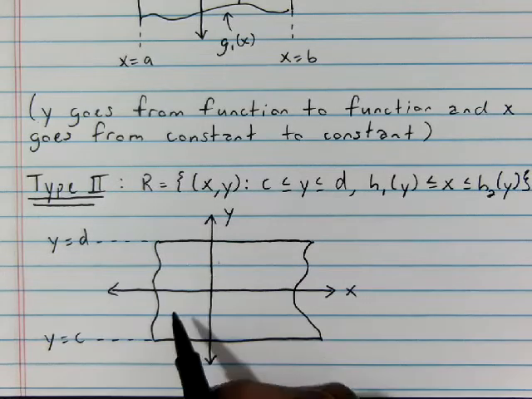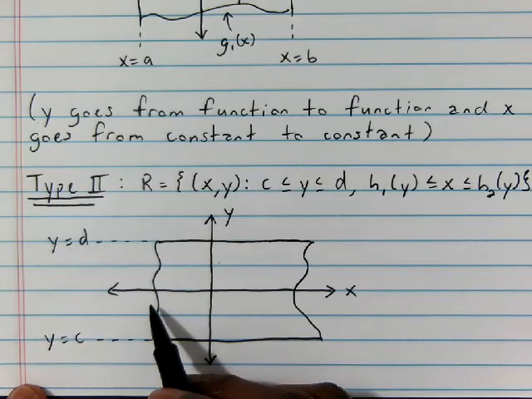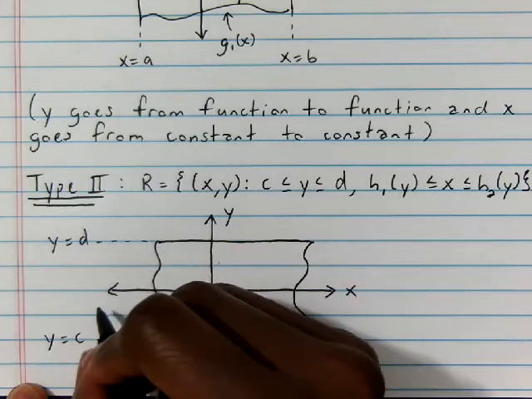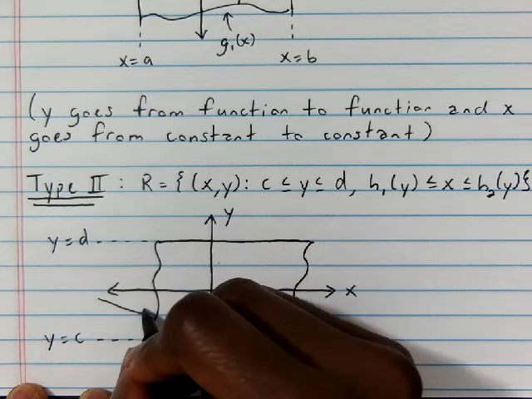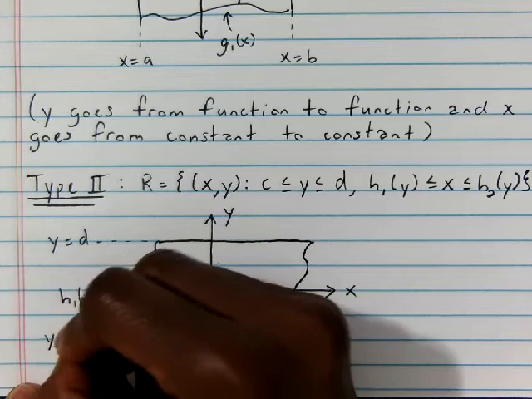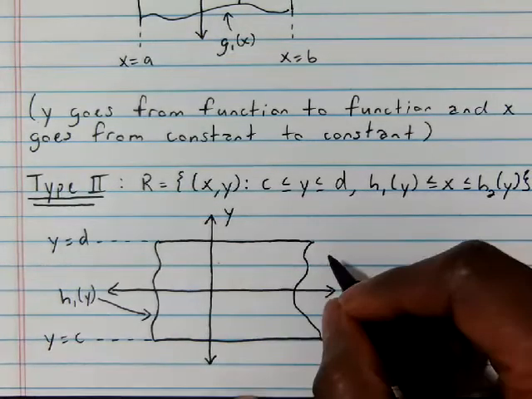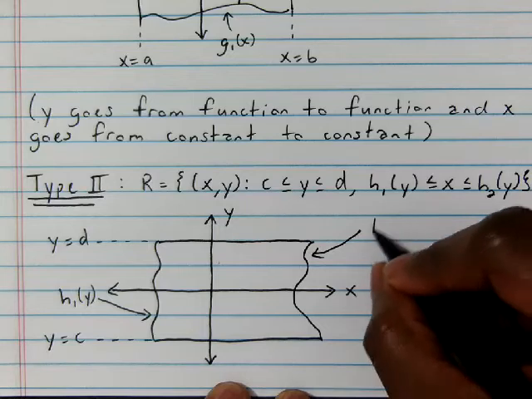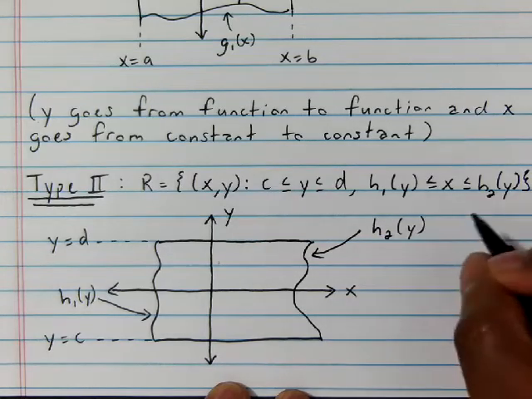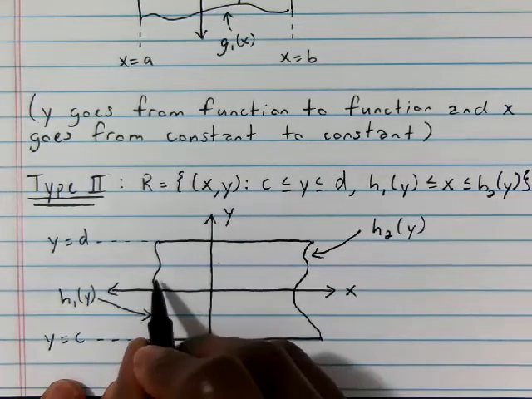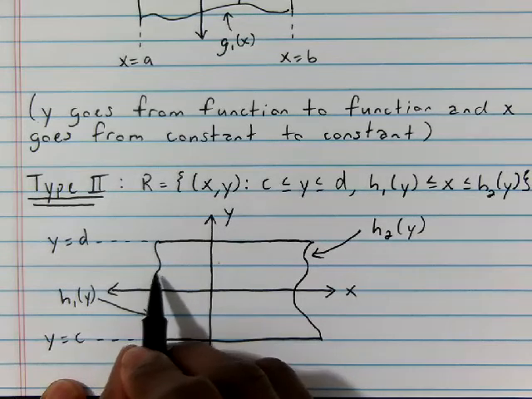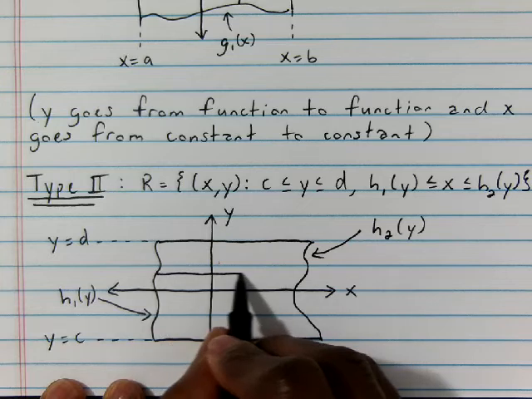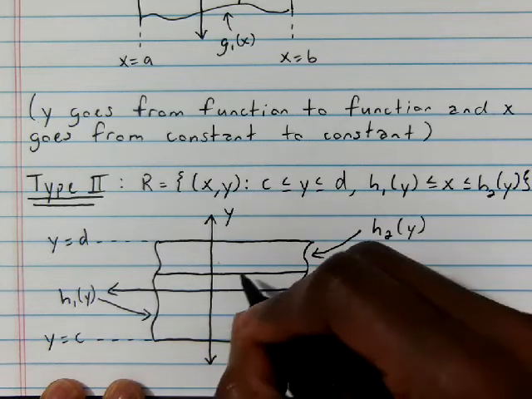Then this function on the left is the function h sub 1 of y, and the function on the right is h sub 2 of y. And we're going from function to function in the positive x direction. So that's what a type 2 region is.